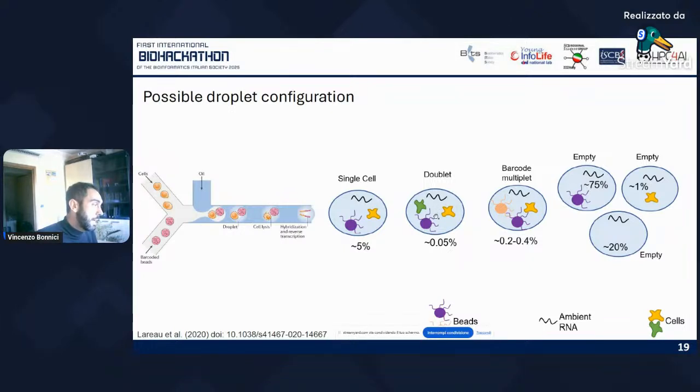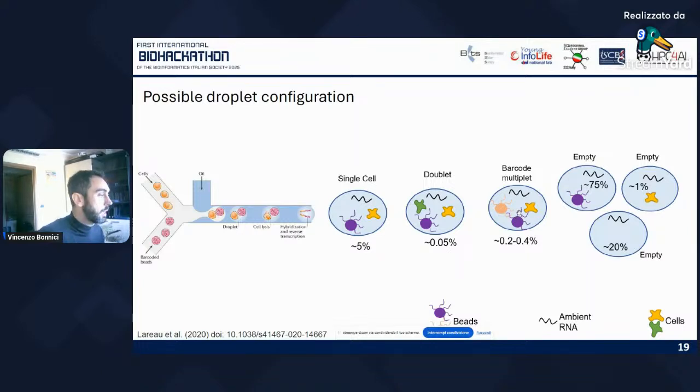Then in some cases you have doublets, which means that within the same droplet you have two different cells, but the cell barcode, the bead, is identical, so you cannot distinguish between them. This is a kind of bulk sequencing, but with just two cells, and it is a problem for quantifying the gene expression.